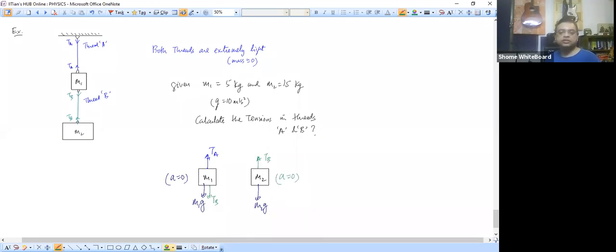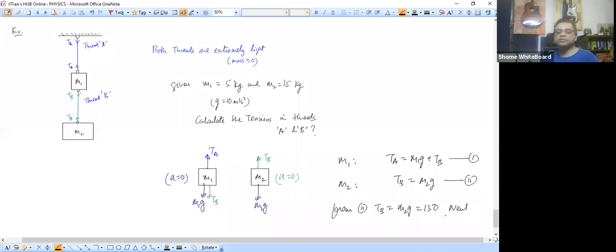Okay, so you can see that now balancing the forces for M1, we have the equation that TA, the upward force, has to balance the sum of the two downward forces, that is weight plus TB. For block M2, we have the equation that the upward force TB has to balance the downward force. So from equation 2, you can see that tension in this string is 150 newtons.